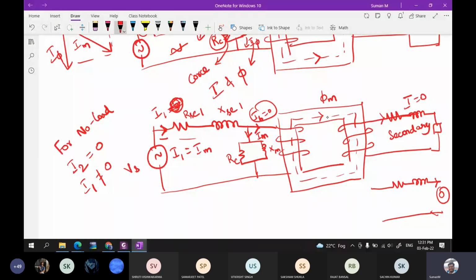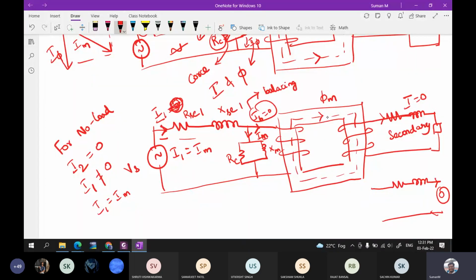That current is taken from this source, so your I1 has some value and Im has some value. At this time, your I1 is equal to Im. The source current is equal to Im. Now, this IB is called the balancing current.